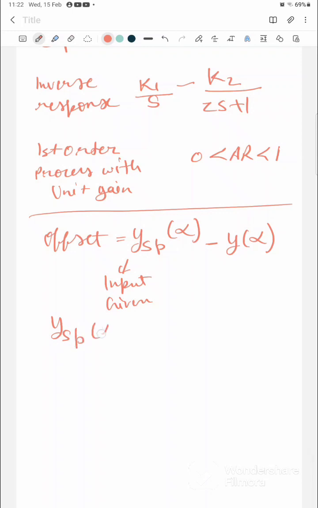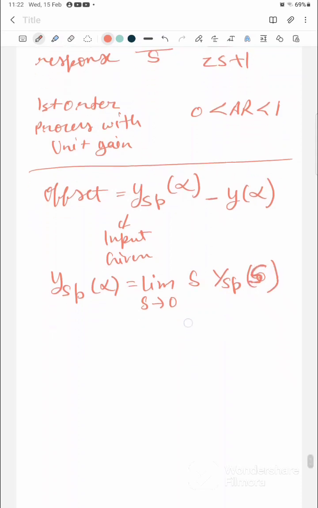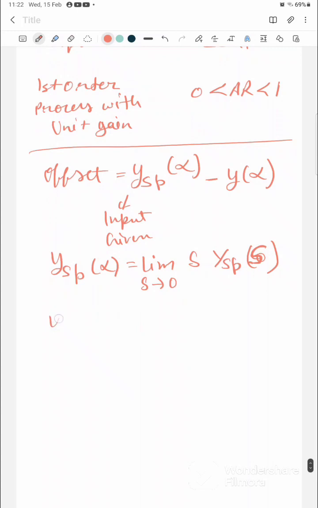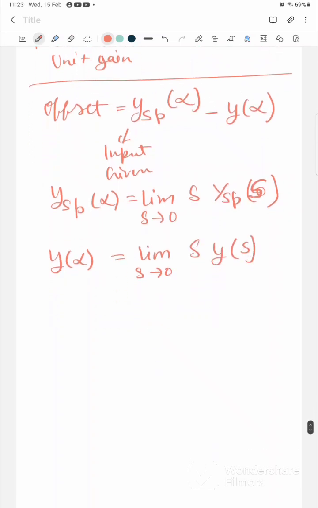YSP at infinity, limit s tends to 0 as YSP, as y, limit s tends to 0 as ys.